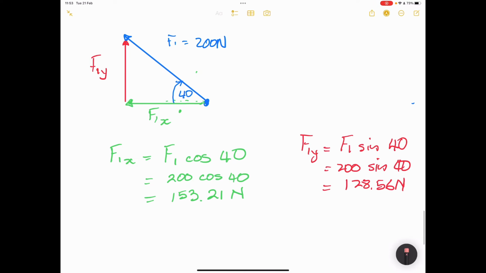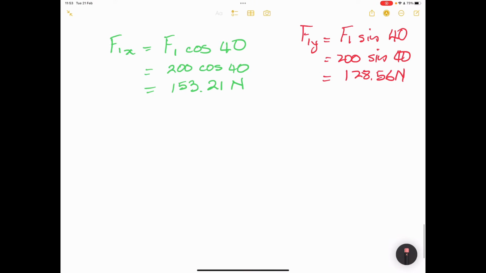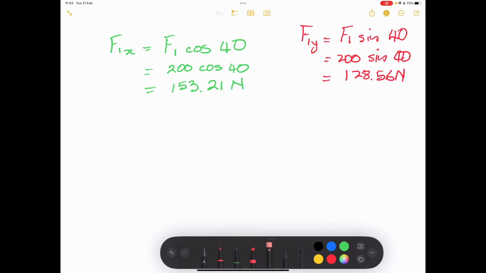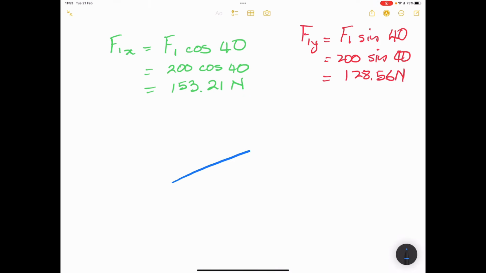Now, what we're going to do, ladies and gents, is exactly the same for F2, right? F2 is a force in that dimension, and we knew that that force is 150 newtons. So that's our F2.